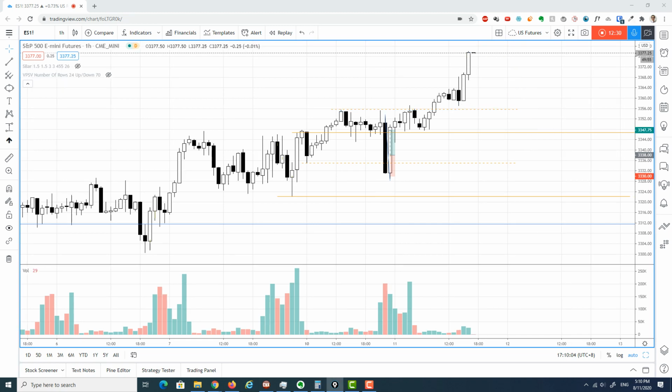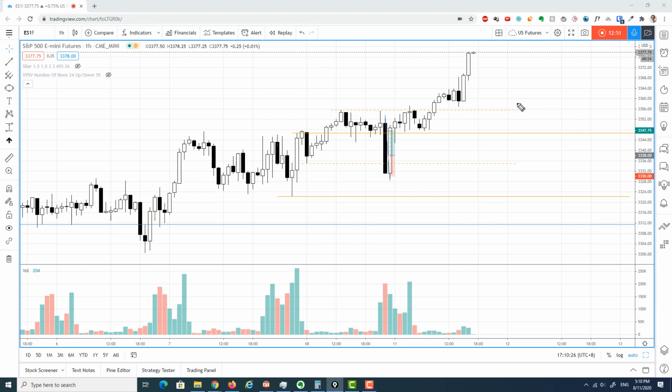So far I think everything looks very bullish, but anything can happen. We still have quite a few hours to go before the U.S. market opens. But for the potential setup, I'm looking at the obvious level, the previous swing high turned support level.